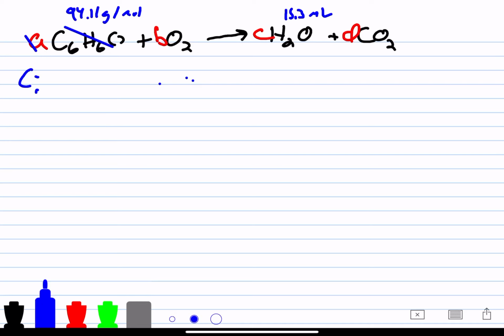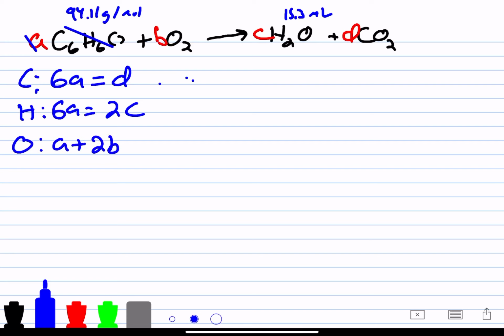it would be 6A is equal to D. For hydrogen, it would be 6A is equal to 2C. And for oxygen, it would be A plus 2B is equal to C plus 2D.